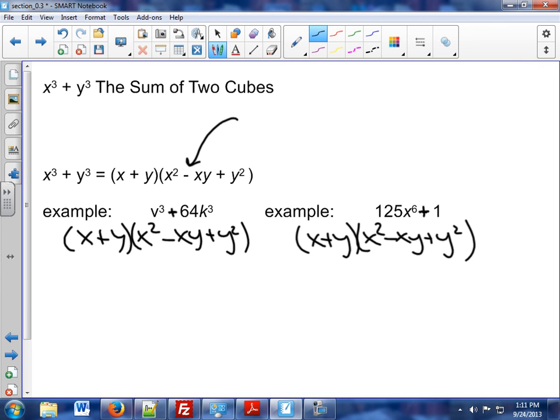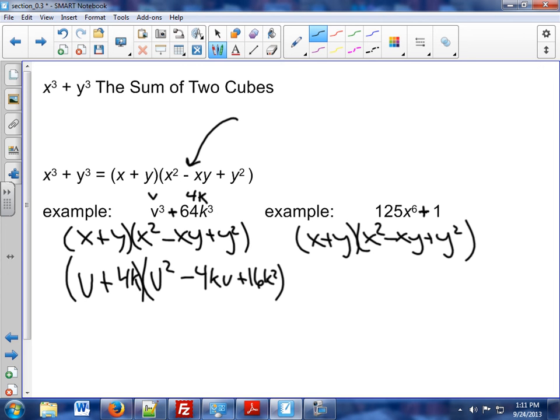Well, I know that these are going to be v's, and I know these are going to be what? 4k. So now I just plug them in. v plus 4k times v squared minus, well, I'm just taking this times this and putting them in alphabetical order. I take the last one squared and I get 16k squared.